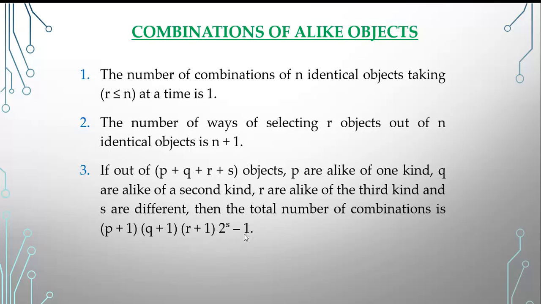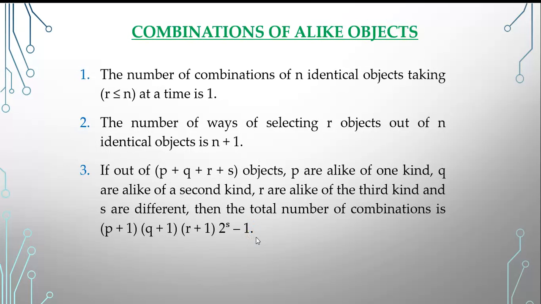Why do we take minus 1 here? Because one way is that we do not choose any object, so we subtract 1.